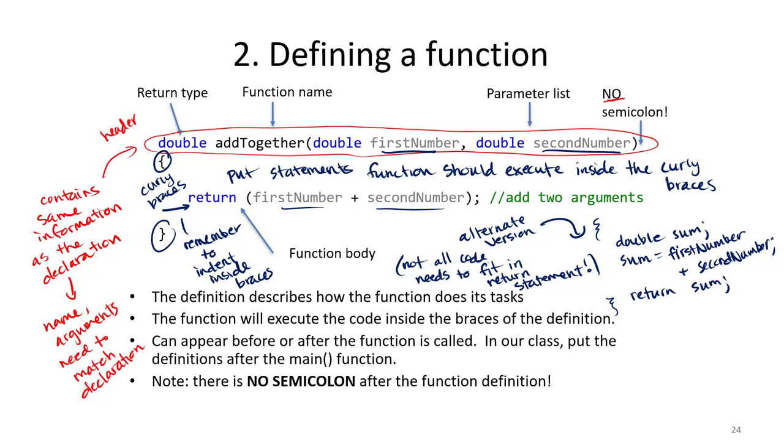So once again, the function definition describes how the function does its tasks. When we call the function add together, it's going to execute the code inside the curly braces. So anything inside those curly braces will be executed. And the function definition can appear before or after the function is called.